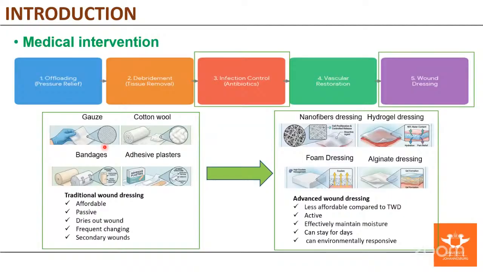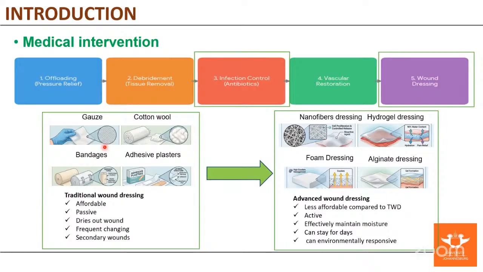Thus, research has been focusing on more advanced forms of dressing materials. These include nanofibers, hydrogel dressing, foam dressing, and alginate dressing loaded with the necessary chemicals. Now, these advanced wound dressings, compared to the traditional forms, are less affordable.